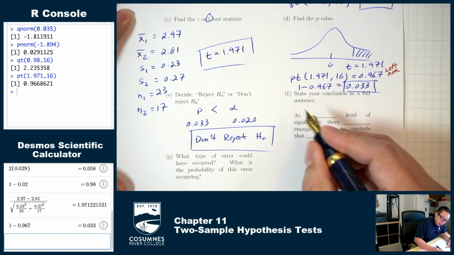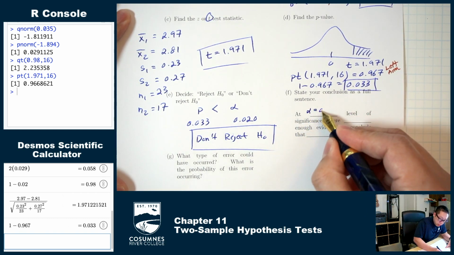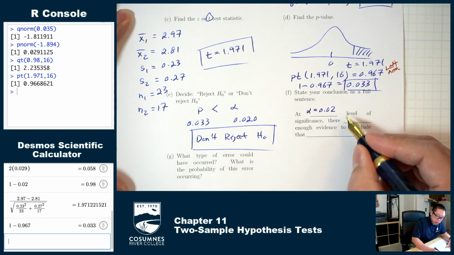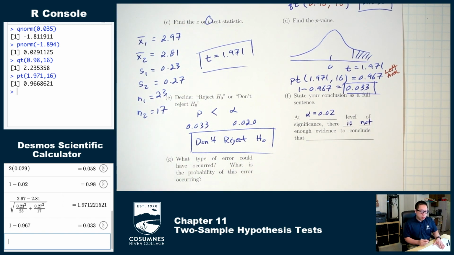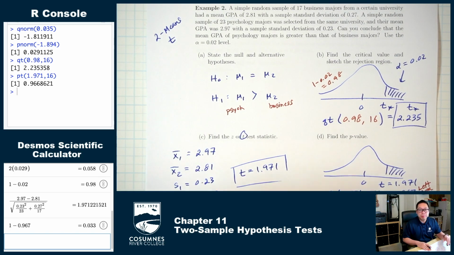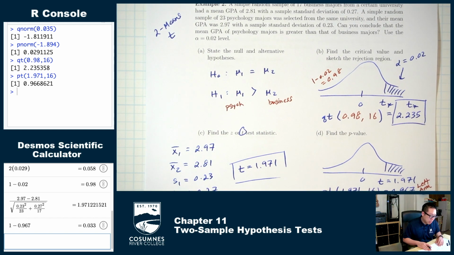Part F, the sentence at alpha equals, it was 0.02. Level of significance, there is or is not, because we did not reject, there is not enough evidence. And then to conclude, write out what H1 is, right? So because we didn't reject H0, we can't say that H1 is true.